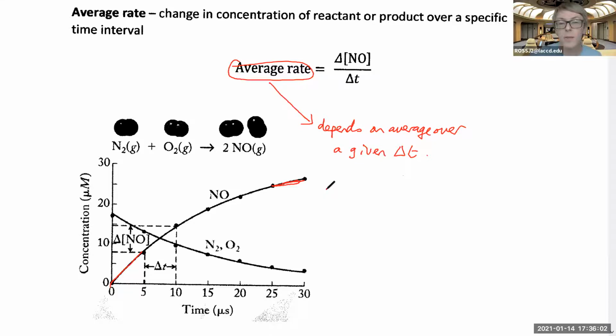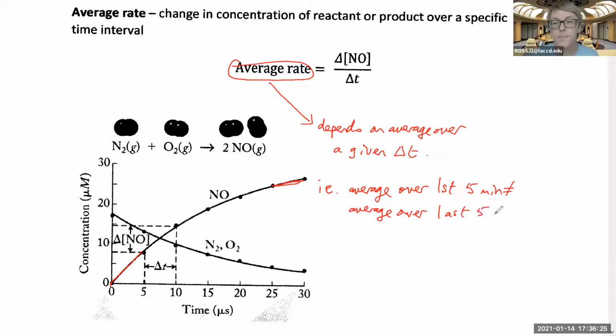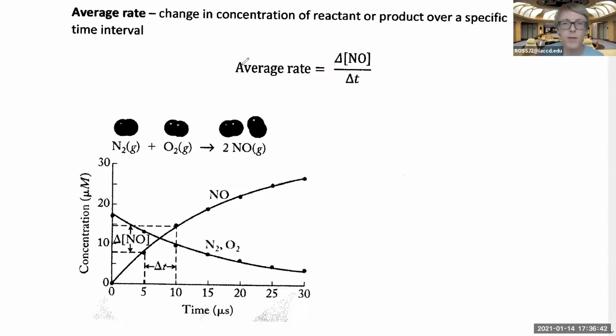So, for example, the average over the first 5 minutes does not equal the average over the last 5 minutes. So care must be taken. For that reason, average rates can be open to interpretation and definitely must be interpreted and stated very clearly. So we have to be careful with average rates.